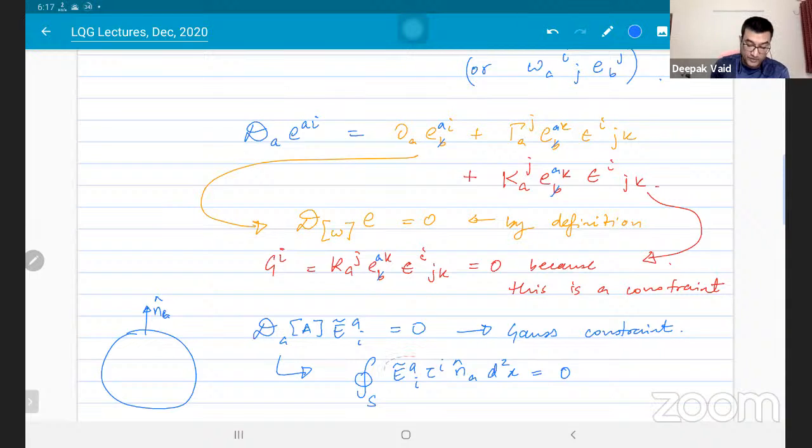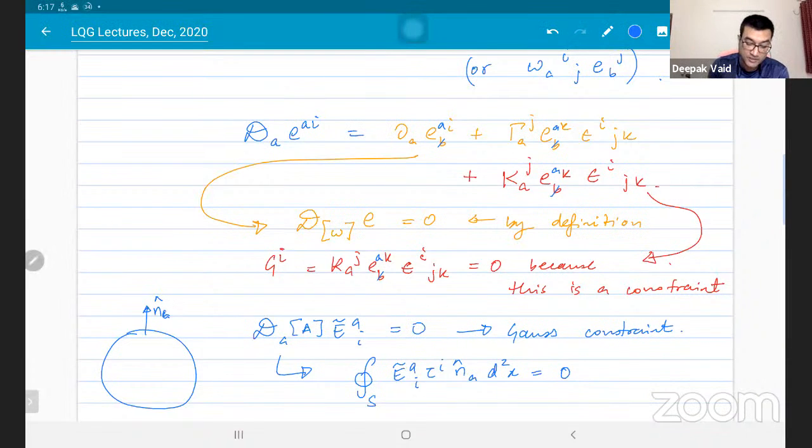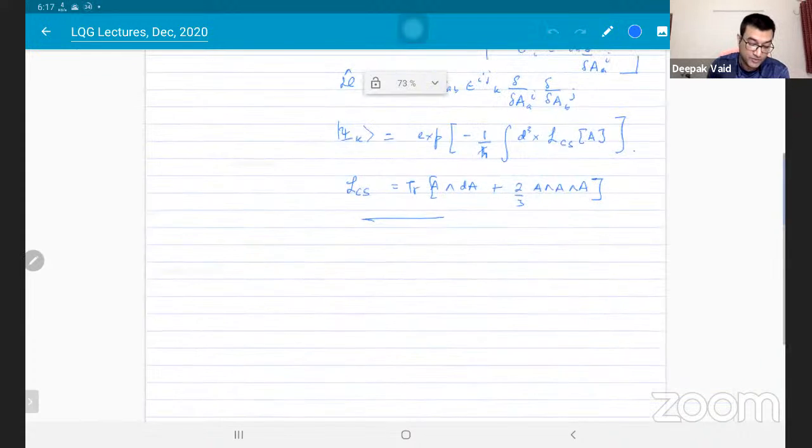So the flux of this quantity through any closed surface is 0, because the right-hand side is 0. There are no charges which would source this electric field, so to speak.